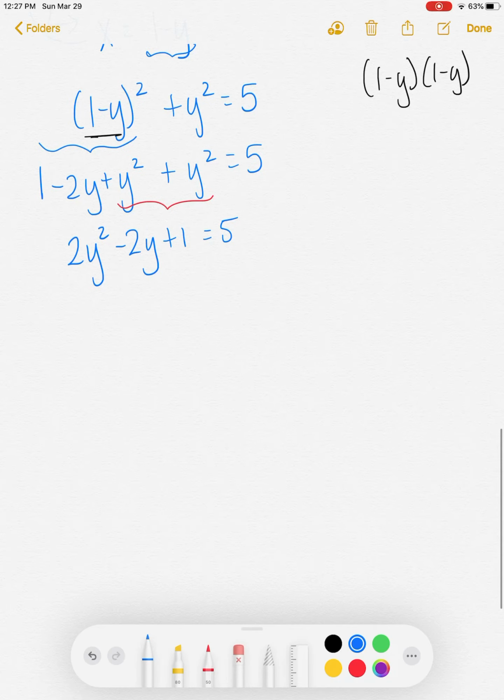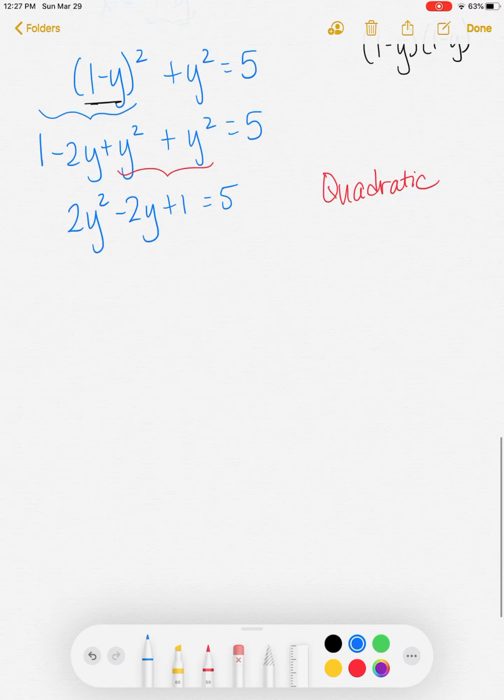If you can remember back to the beginning of this course, you learned it in Algebra 1, but this is a quadratic. Remember I said if you can't factor quadratics, it's hard to move on. Here's an example. This guy here is a quadratic. So I'm going to solve him like a quadratic, which means I need to set him equal to 0. To set him equal to 0, I've got to bring that 5 over by subtracting him.